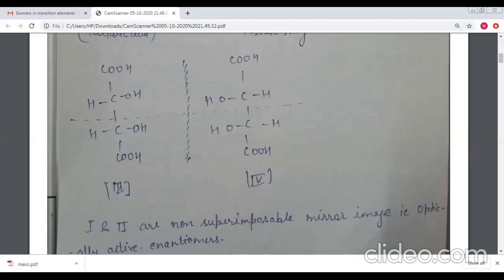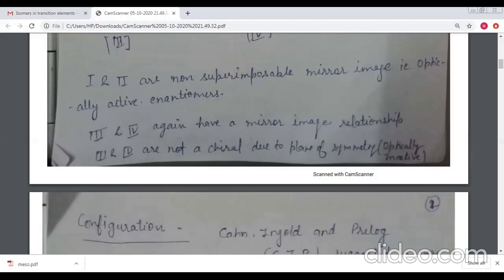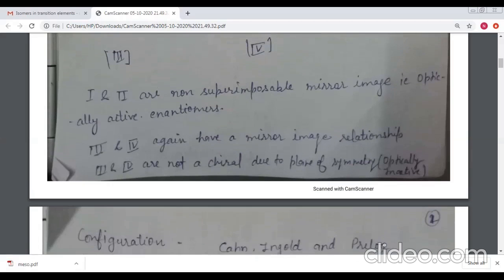So because of the presence of the plane of symmetry, this is not a chiral compound. So these are optically inactive compounds, and these optically inactive compounds are called the meso form. Now we know what meso compounds are.